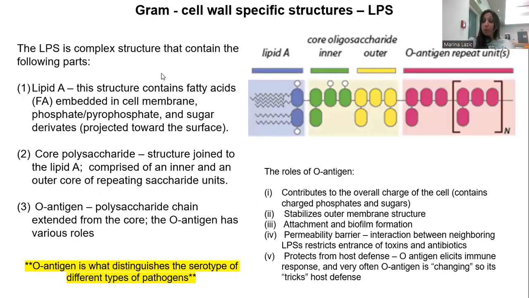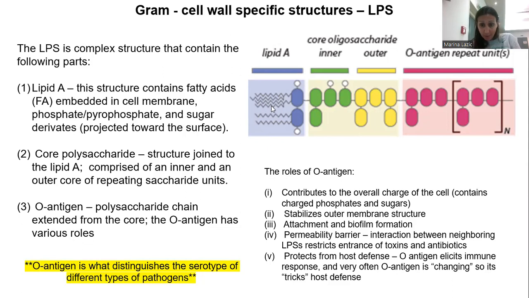What we need to know about LPS, and again, this is quite important, and I did mention it previously, is the three main structures in LPS, which sit on the top of the cell membrane. Lipid A comes first, if you look from the cytosol toward the outside. Lipid A is a structure that contains fatty acids.